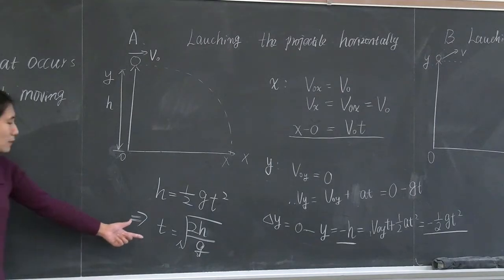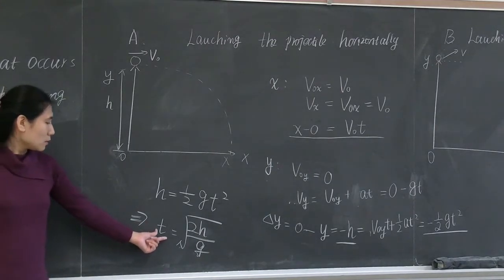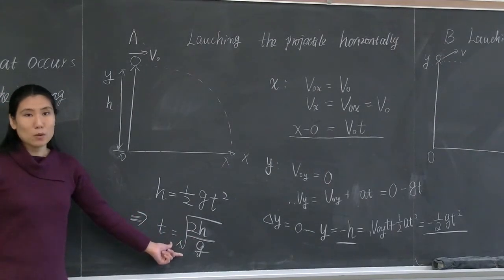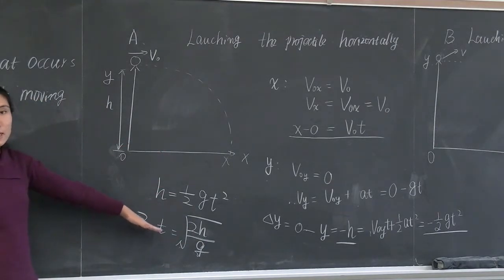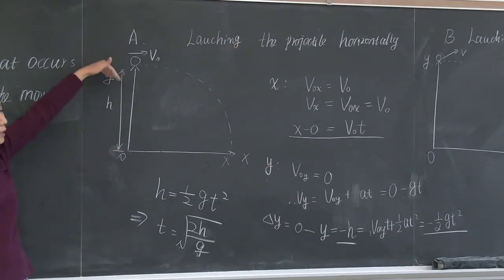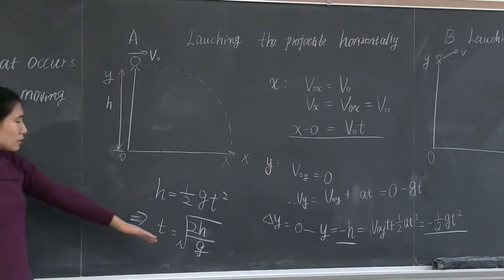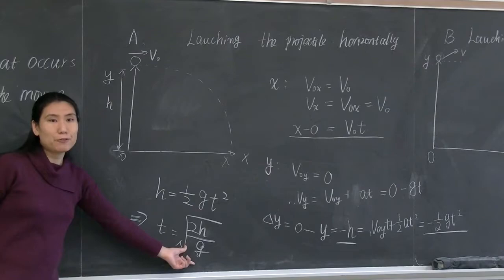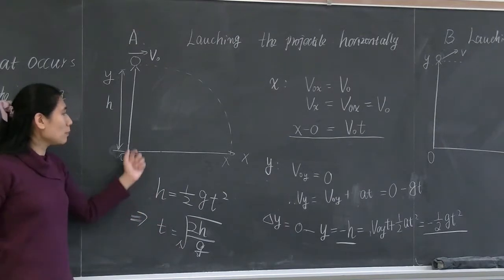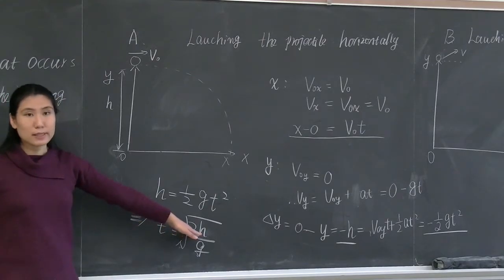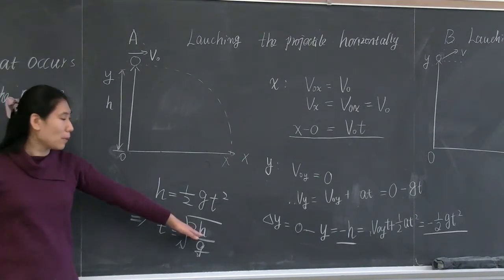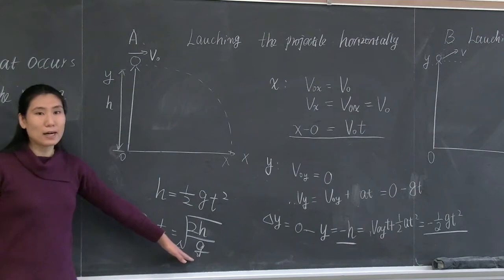So what is this telling us? For this projectile motion, when you are shooting an object horizontally without an initial velocity along the y direction, the time of flight, how long it takes for the ball to come to the ground, only depends on the initial position of the ball and the gravity constant.